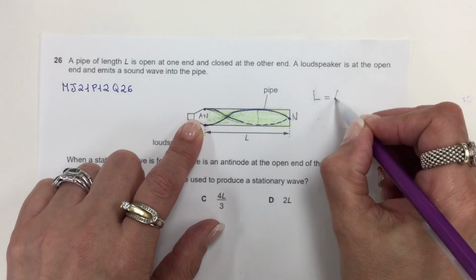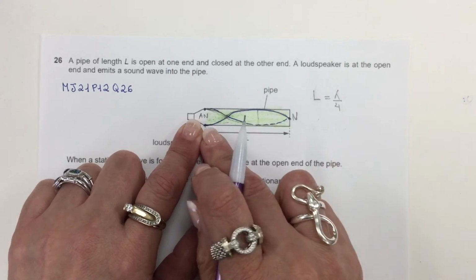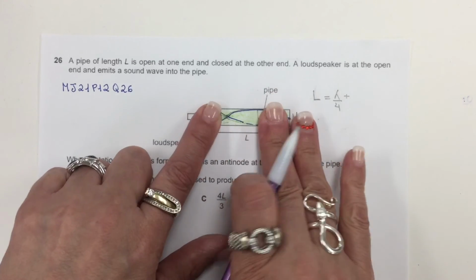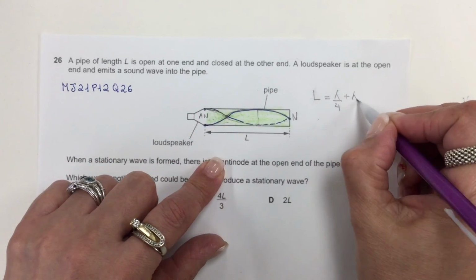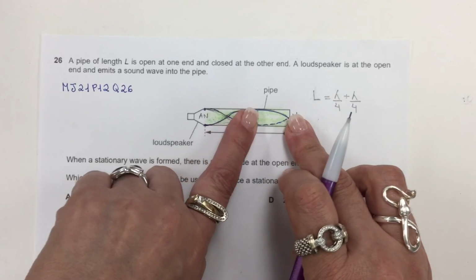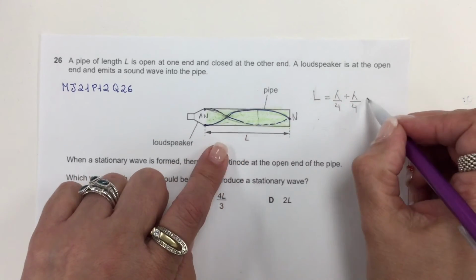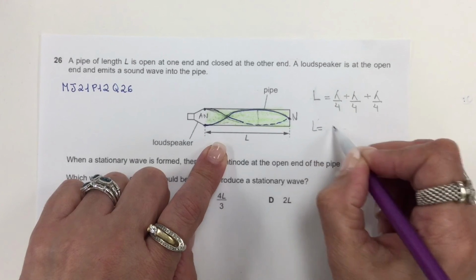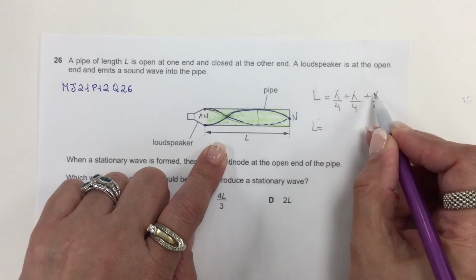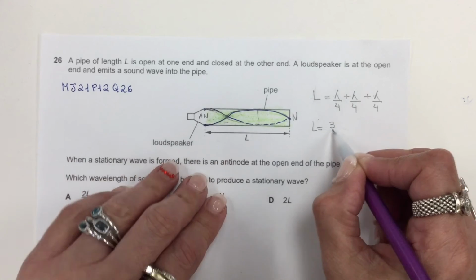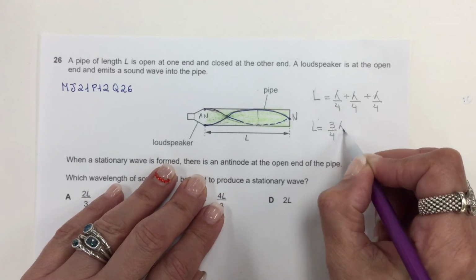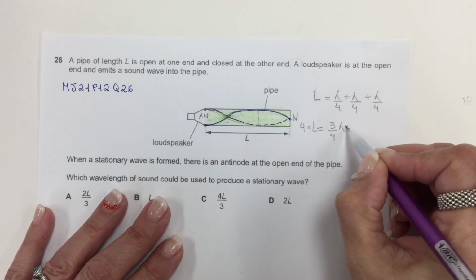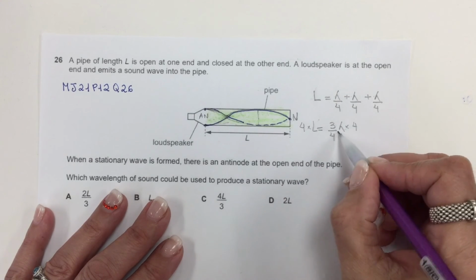So I have this quarter, plus this quarter right here, plus this quarter, and when you add 1, 2, 3, that is 3/4 of a wavelength.